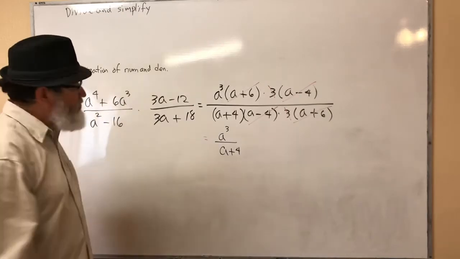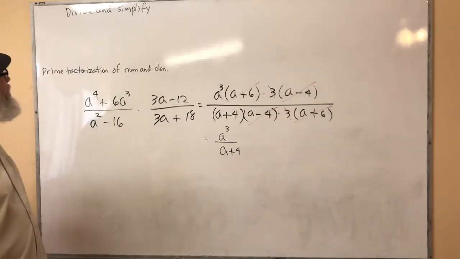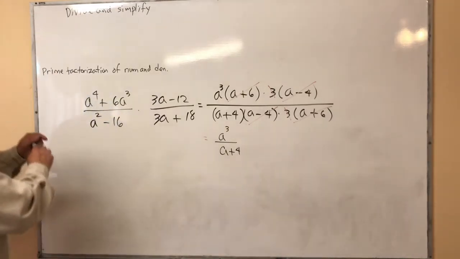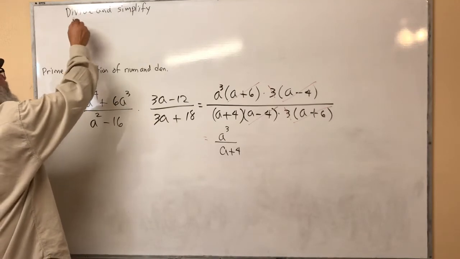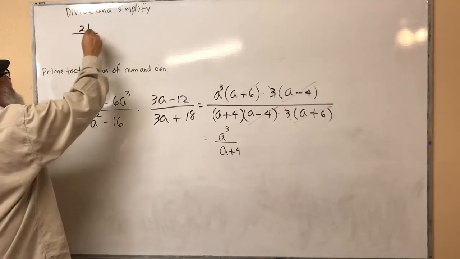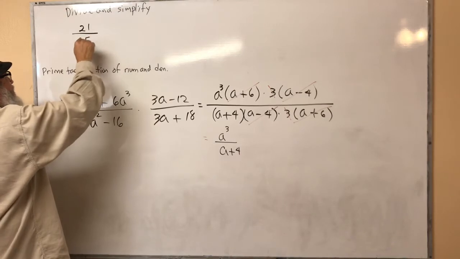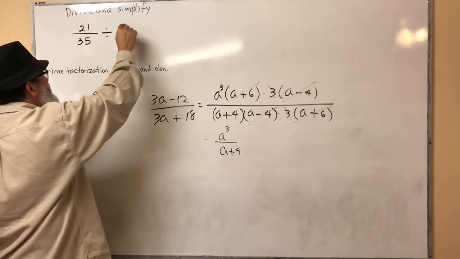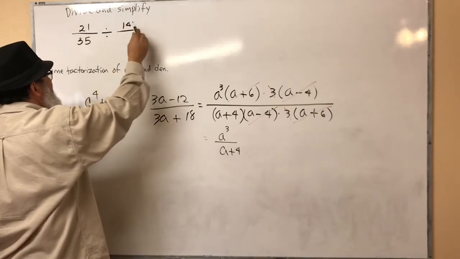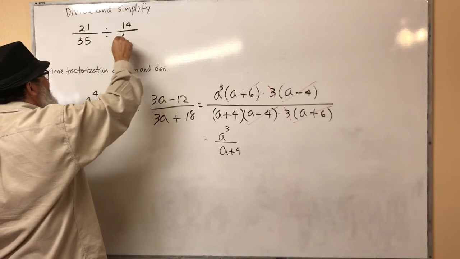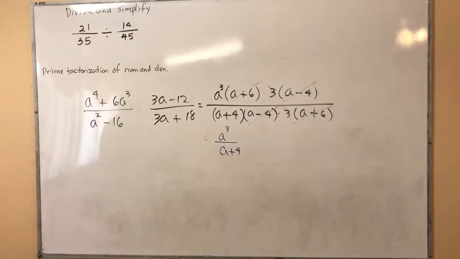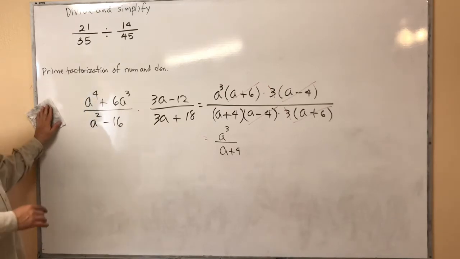Right there. Okay. Wait a minute. Let me give you an example. Watch this. 21 divided by 35 divided by 14 divided by 45. Okay, I've got to erase this one, okay?